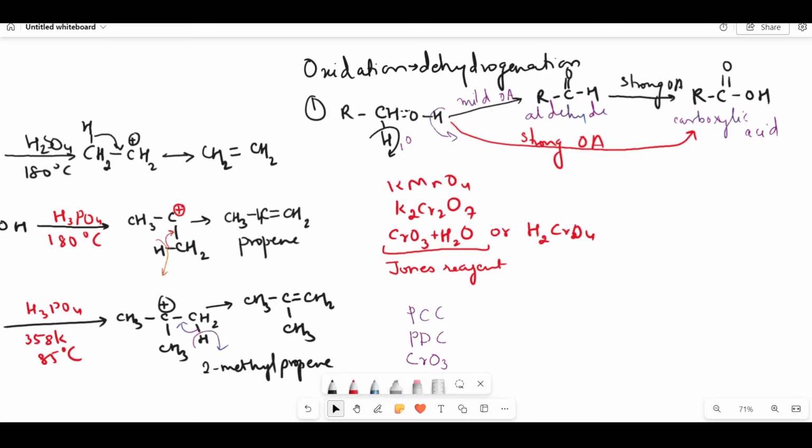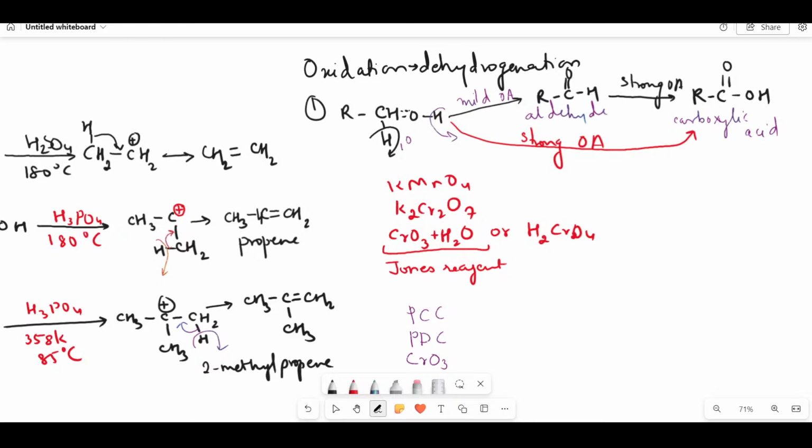Similarly, with 2 degree alcohol, we will get direct formation of ketone. And here we have formed aldehyde, where this is 1 degree alcohol. If it is 2 degree alcohol, we will directly make ketone with strong oxidizing agent or mild oxidizing agent.